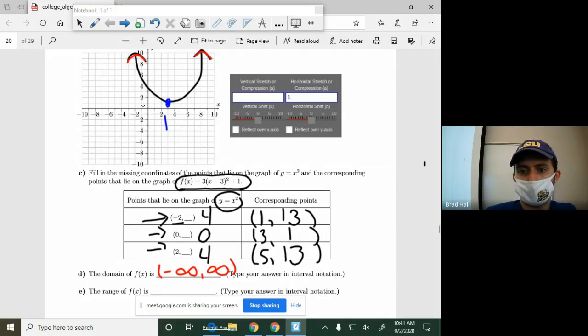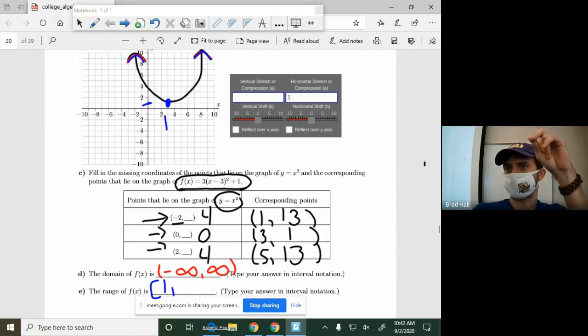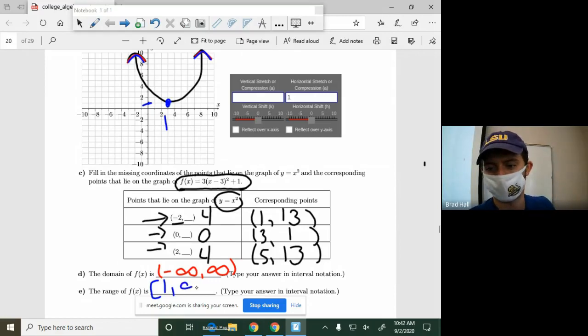It will have a bracket because 1 is included in the cup shape, the parabola as it's called. And what's the highest up we go? Well, we have arrows going straight up. So that's infinity.